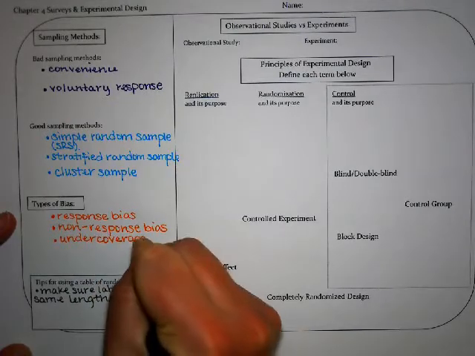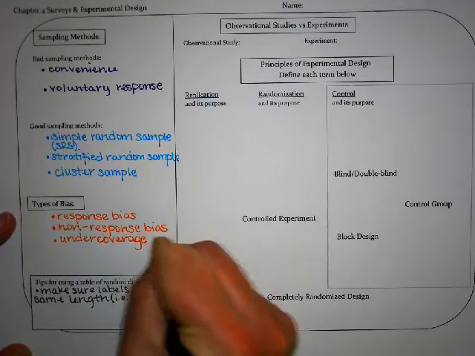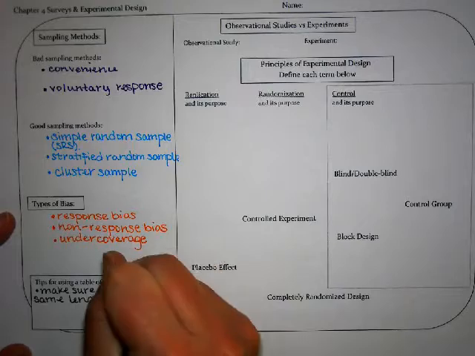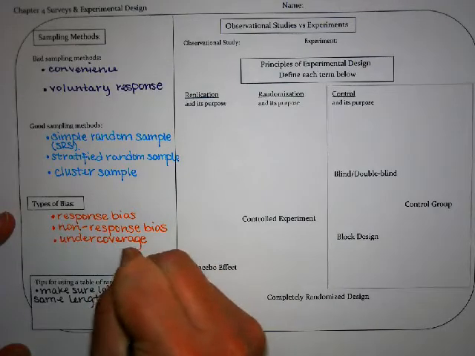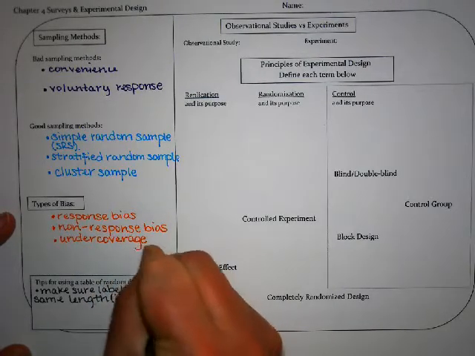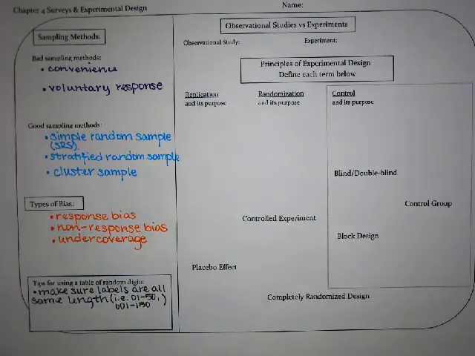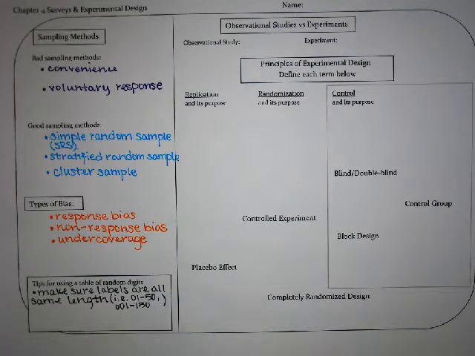So 01 to 50, or 001 to 150. So they have to be the same length. Otherwise, they don't all have equal chance of being chosen.